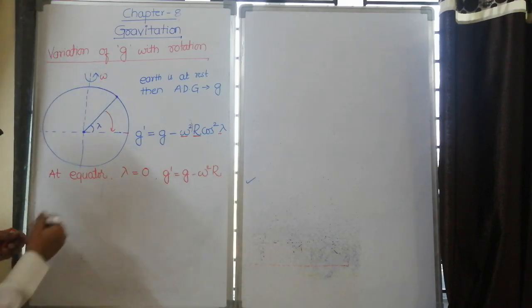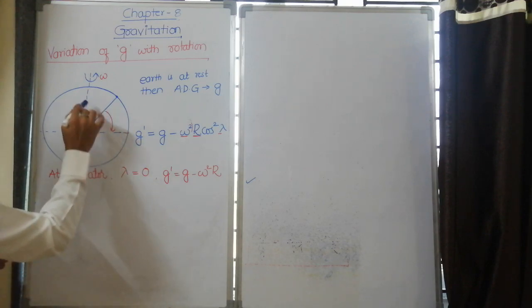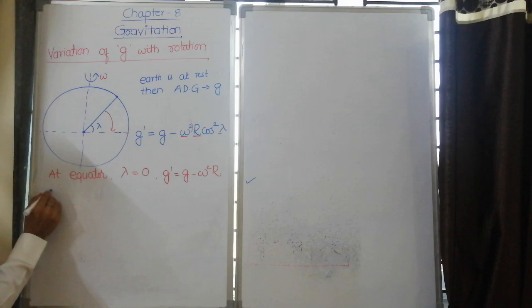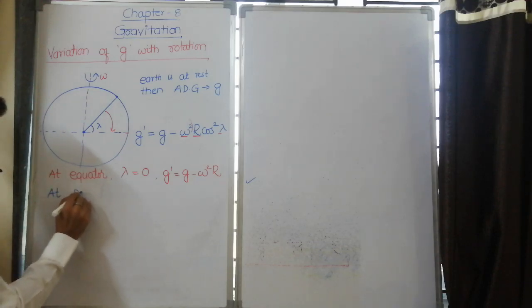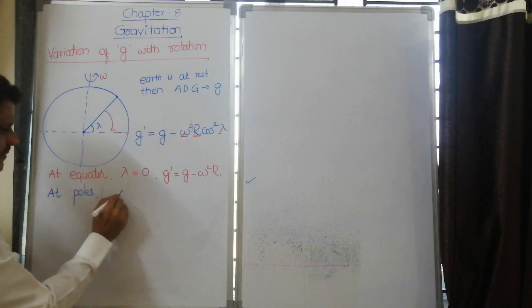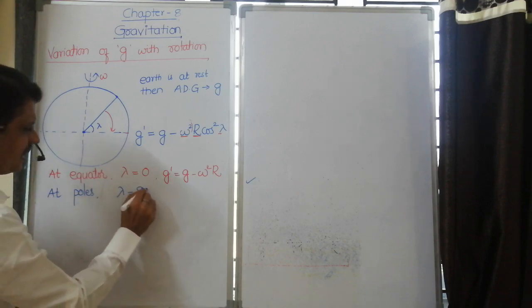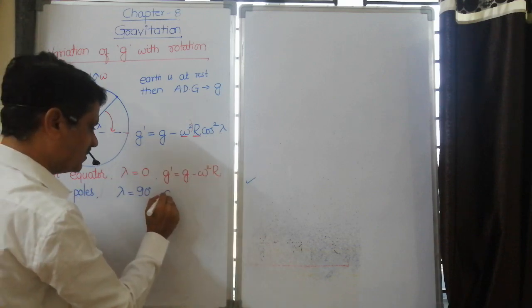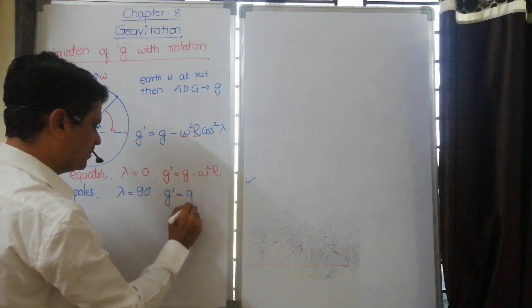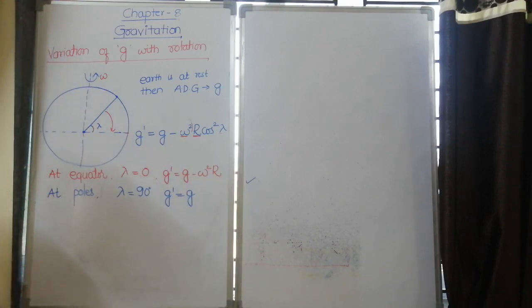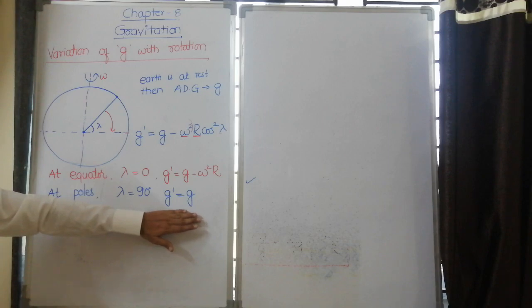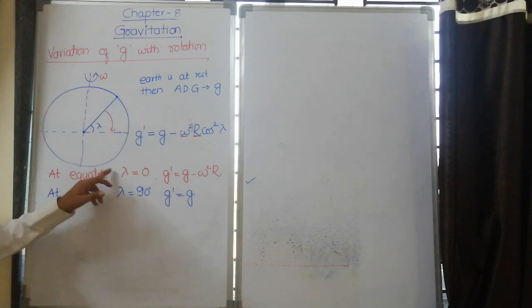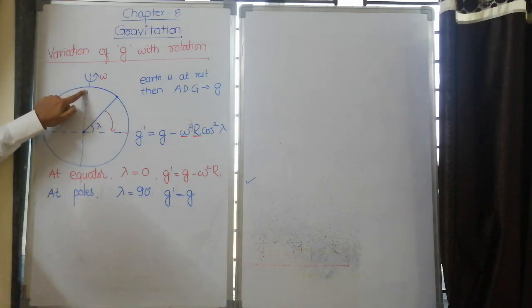Now if I go to the poles, lambda is equal to 90 degrees. cos 90 is 0, and 0 into anything is 0. Hence g dash is equal to g. So this is acceleration due to gravity at poles when earth is rotating. From this it is clear that at poles there is no effect of rotation of earth.